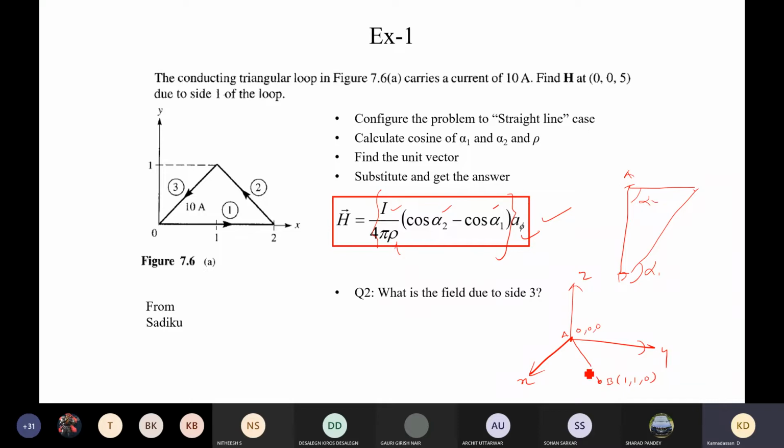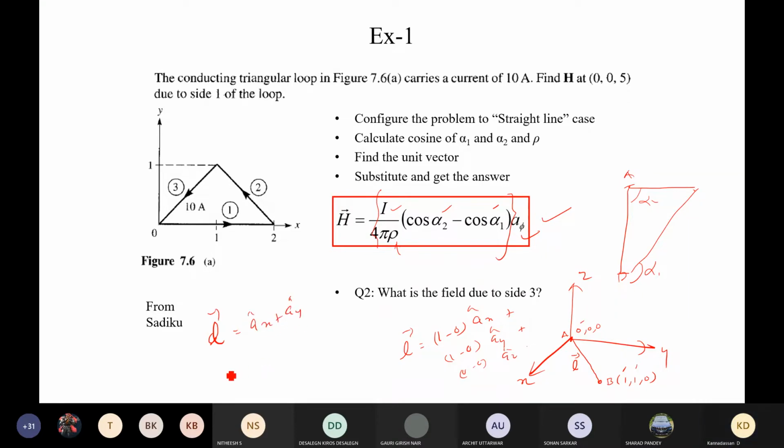Therefore, this is a line vector. The line vector is 1 minus 0, 1 minus 0, 0 minus 0, which gives 1 minus 0 ax vector plus 1 minus 0 ay vector plus 0 minus 0 az vector. So this gives the L vector as ax plus ay vector.